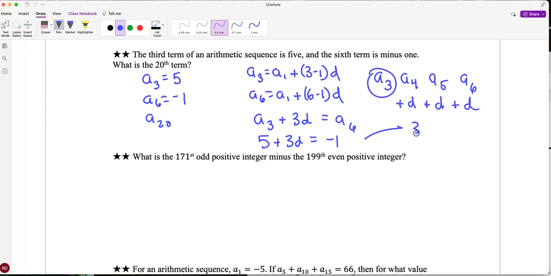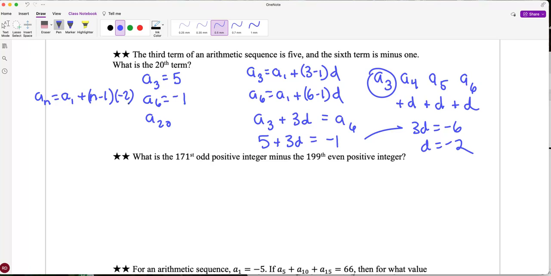This means that 3D equals -6, so D is equal to -2. So I know my common difference is -2. So this formula is going to be what? AN is equal to A1 plus n minus 1 times negative 2.